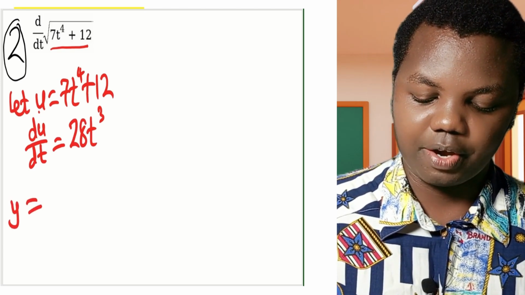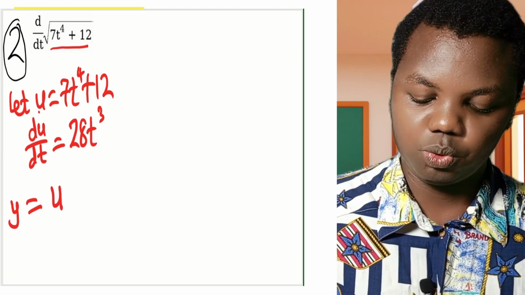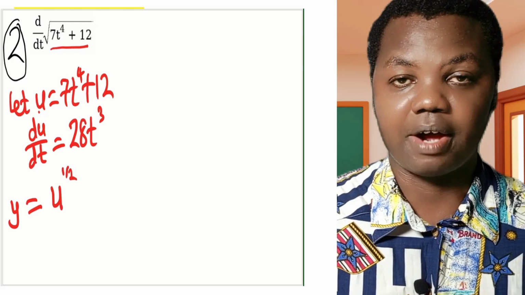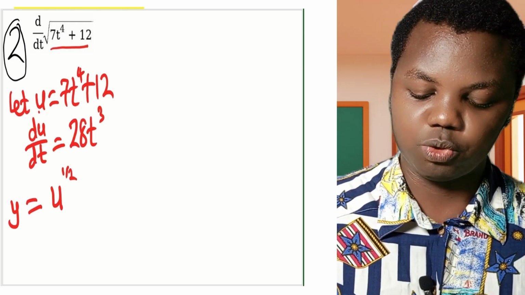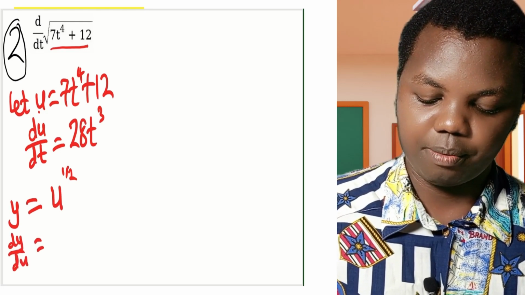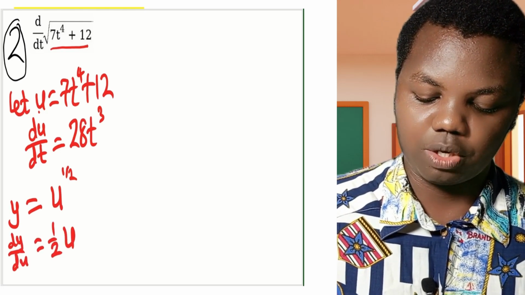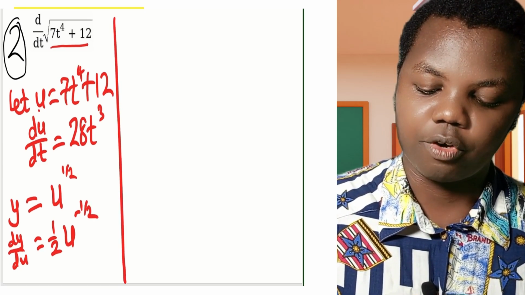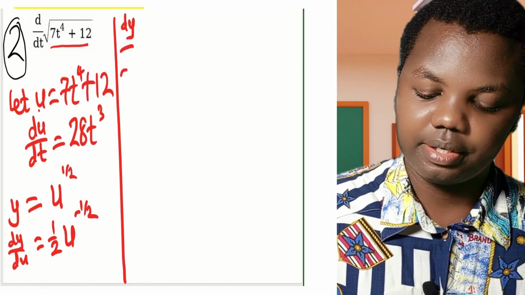Now my y becomes u to the power of half, because the square root of a number is that number to the power of half. So my dy/du becomes half u to the power of minus half. Don't forget the rule says dy/dt.